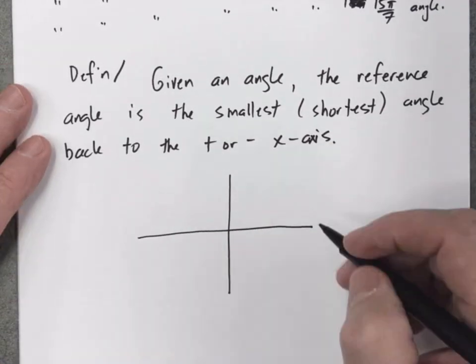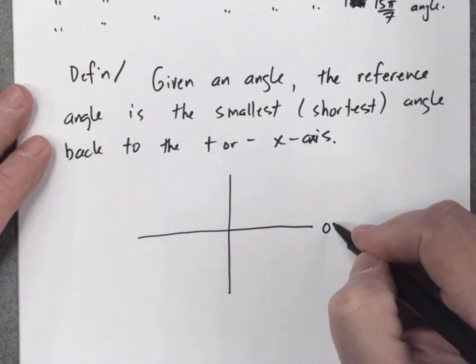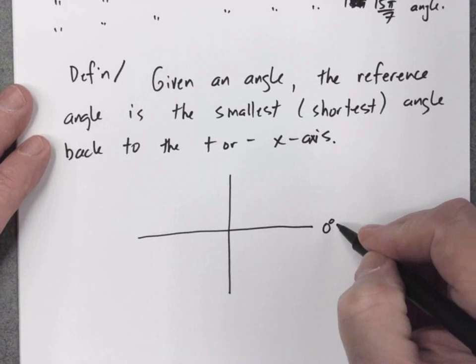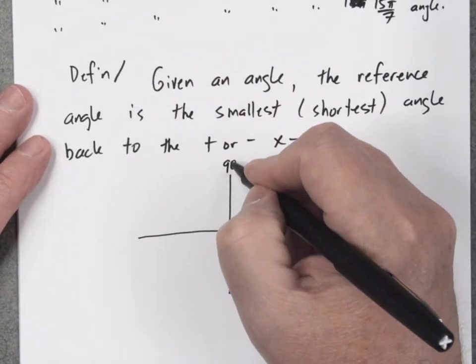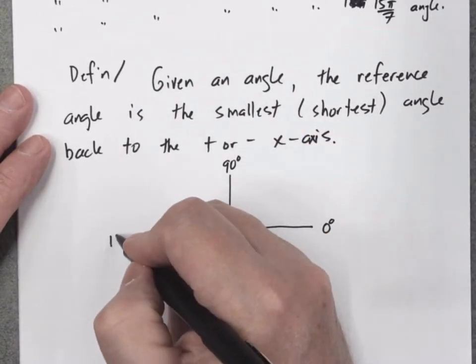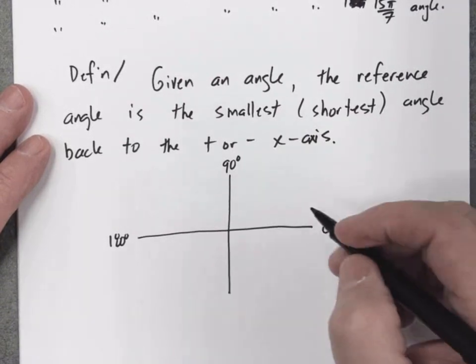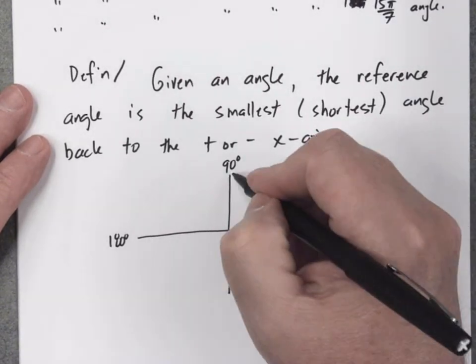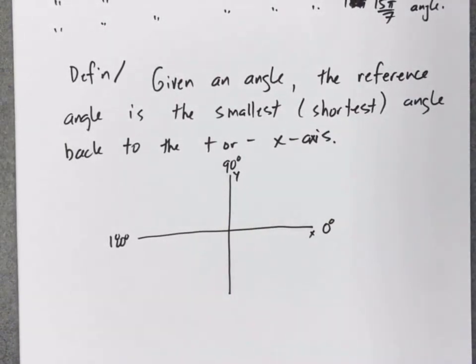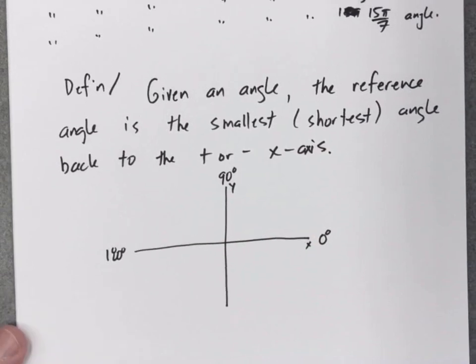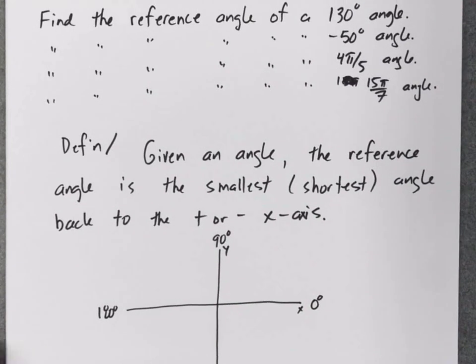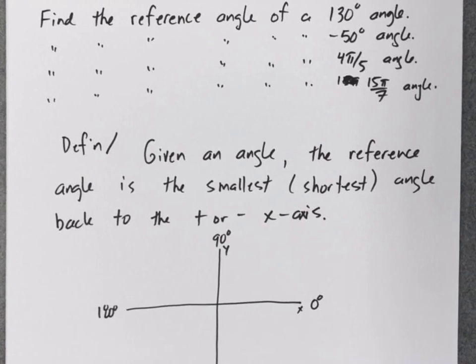So hopefully by now you're getting pretty familiar with angles. So if 0 degrees is here, 90 degrees is here, we sort of think of these as the traditional X and Y axis. So let's go draw on here a 130-degree angle.